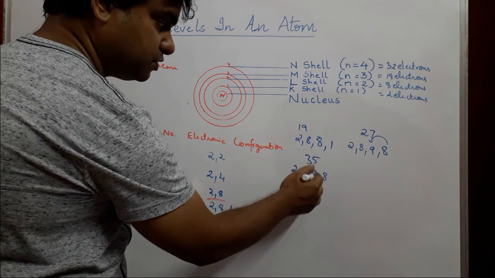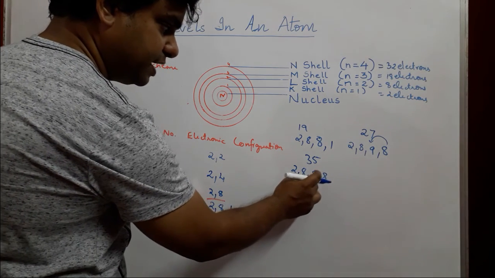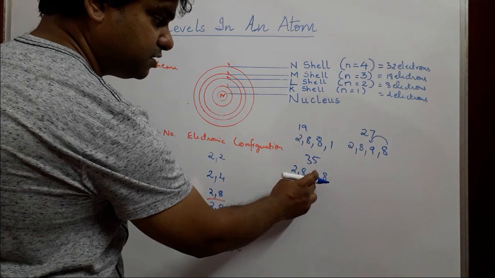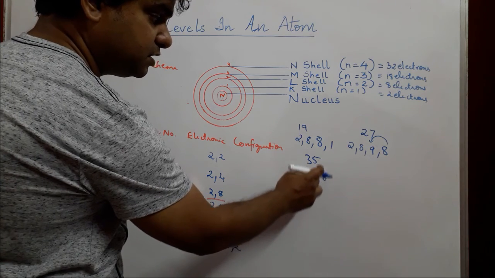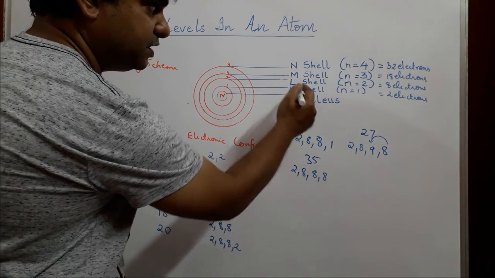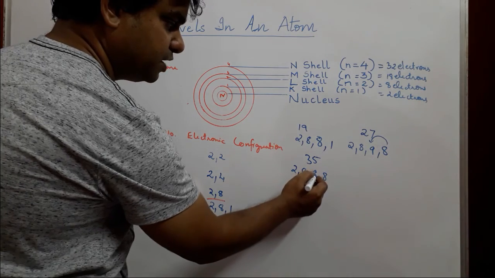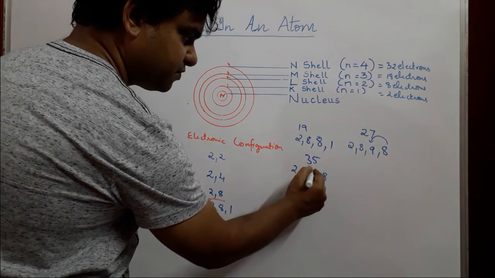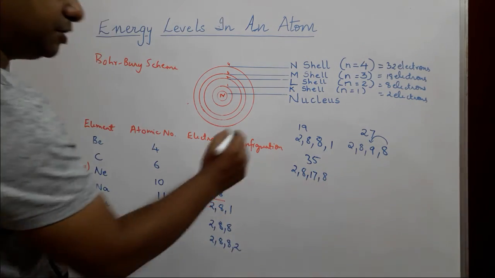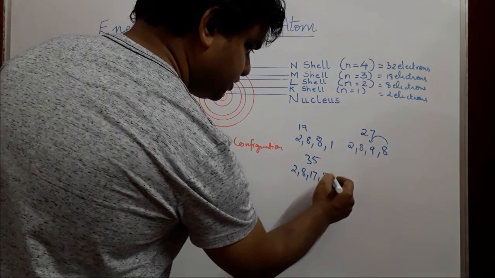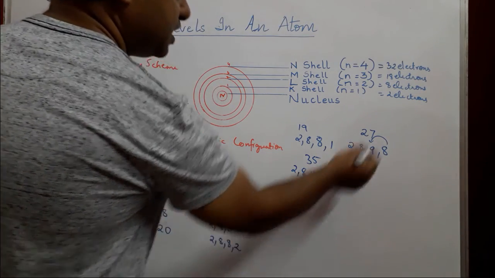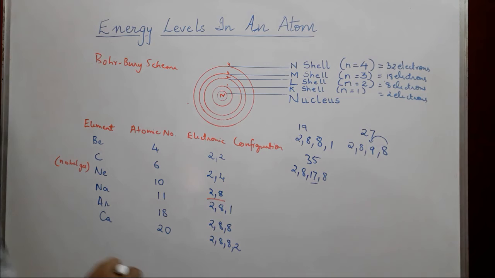Those 9 electrons do not go in the outermost shell, they actually start filling up the third shell. In this case, it is the M shell. So 8 plus 9 comes to 17. So it will be 2, 8, 17, 8. Remember, the M shell has space for 18 electrons.